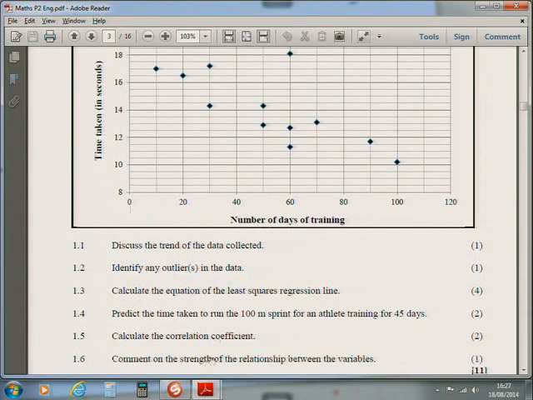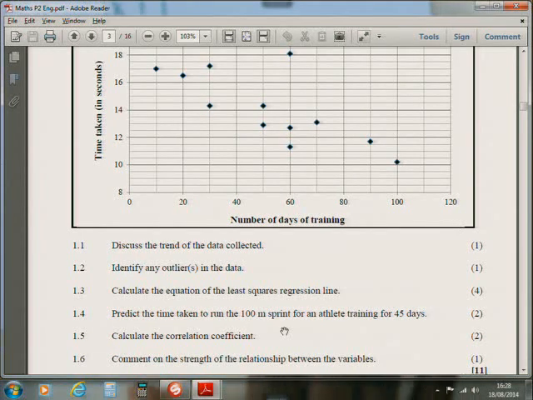And the other question says predict the time taken to run 100-meter sprint for an athlete training for 45 days.